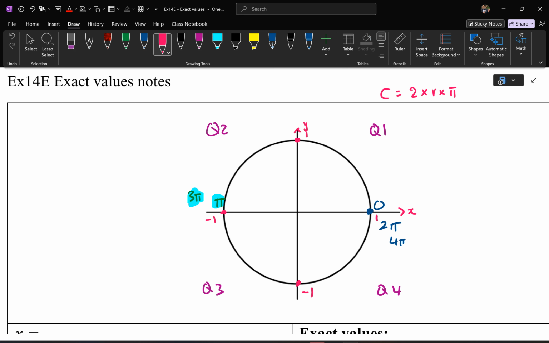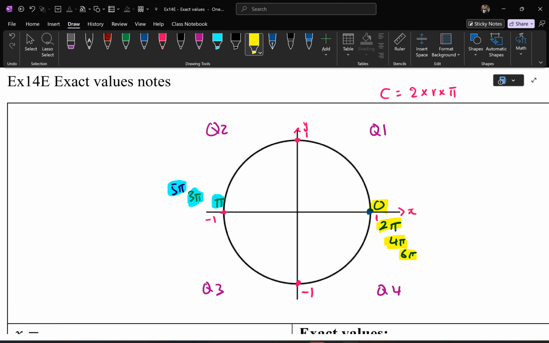The next one must be, what's the next one? What's the pattern? They're becoming 5 pi. It's all the odd pies. This is why we like working in radians, because it's easy to figure out: all the odd pies will end up here and all the even pies will end up over here. Okay, so 6 pi, etc.